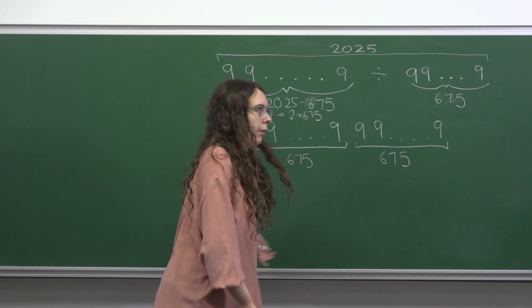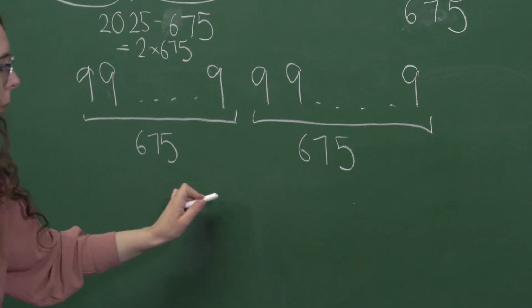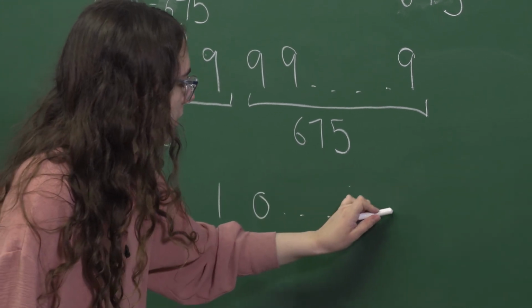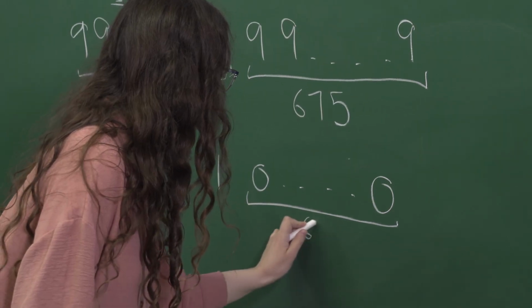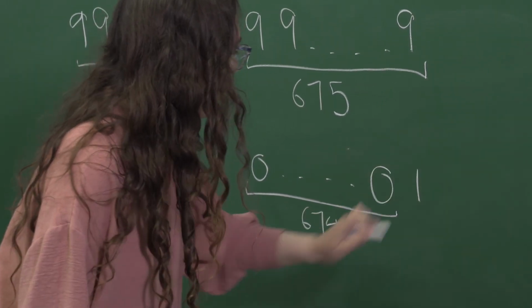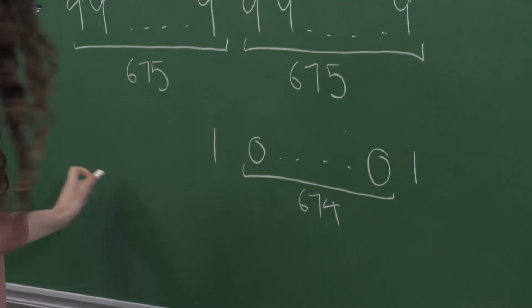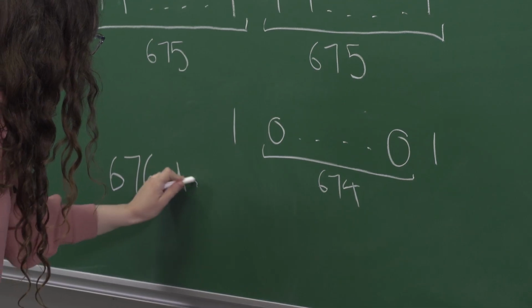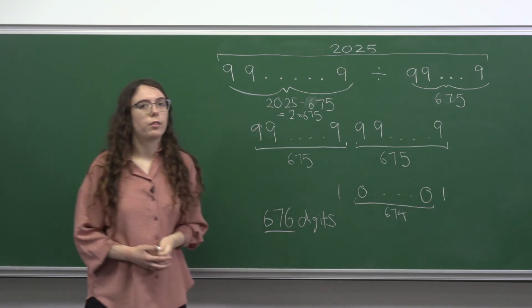And so we can see from this representation that the result of this division is going to be a 1, followed by 674 zeros, followed by another 1, which means that the total number of digits is 676.